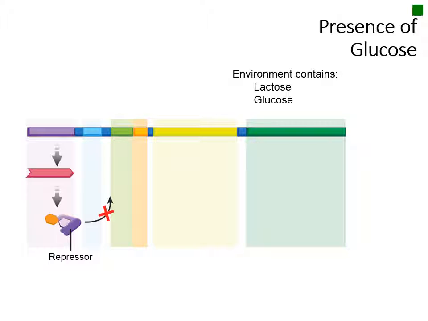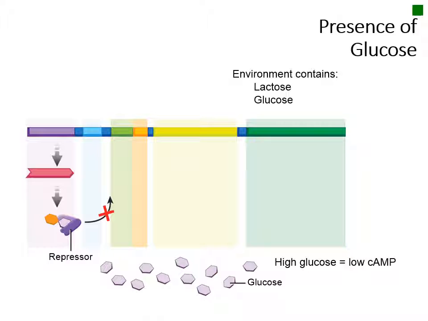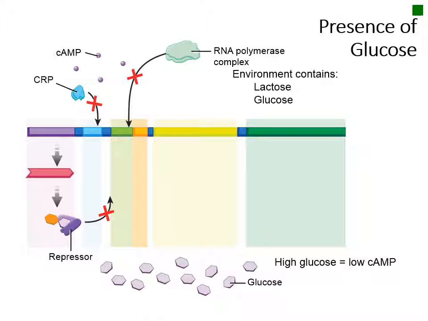When there are high amounts of glucose in the cell, it causes the cell to make low levels of cyclic AMP. Without much cyclic AMP present, the cyclic AMP is unable to bind to CRP, which means CRP is unable to bind to the activator binding site, and RNA polymerase is not recruited.